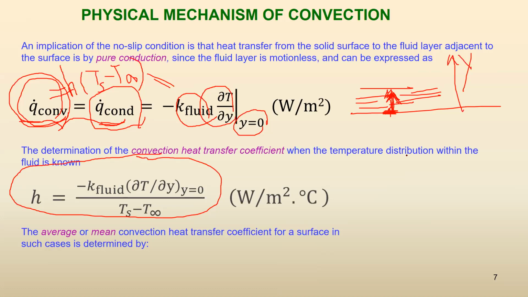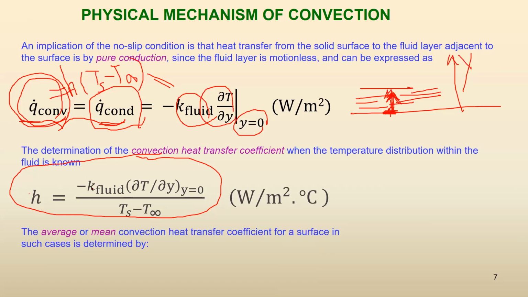So the convection heat transfer coefficient of a fluid flow is equal to minus sign times the conductivity of the fluid, conductivity, not convectivity, because convectivity is already this.